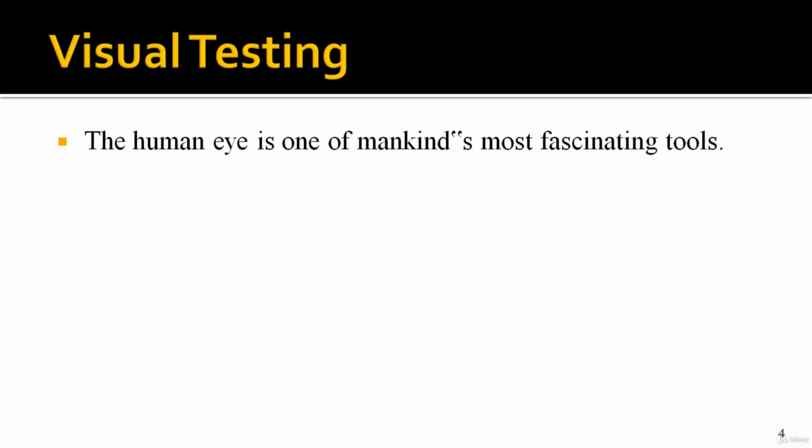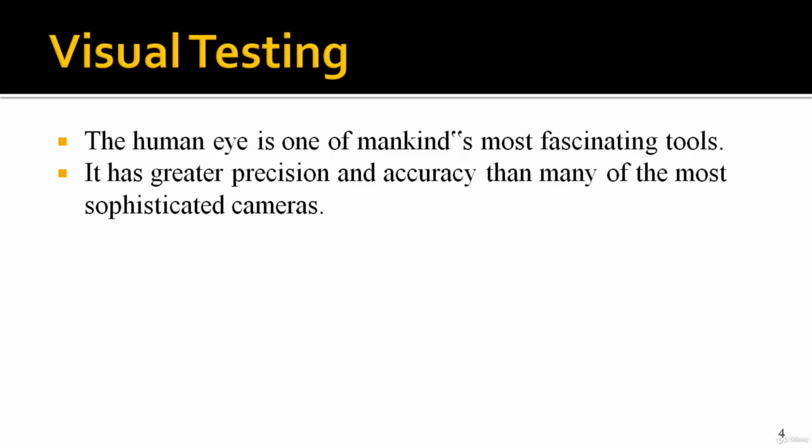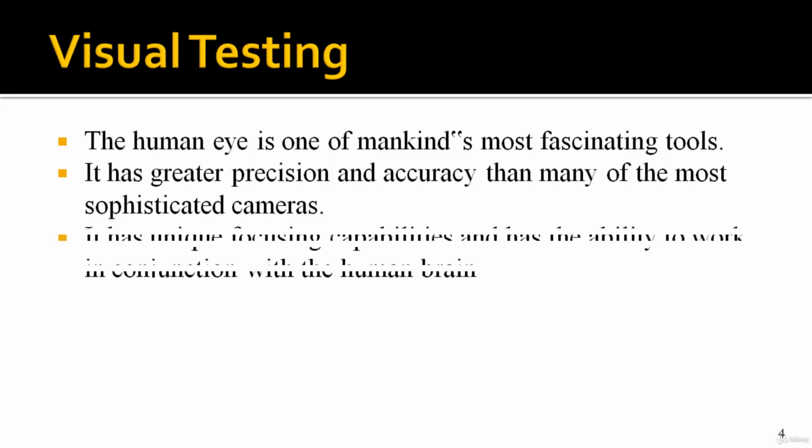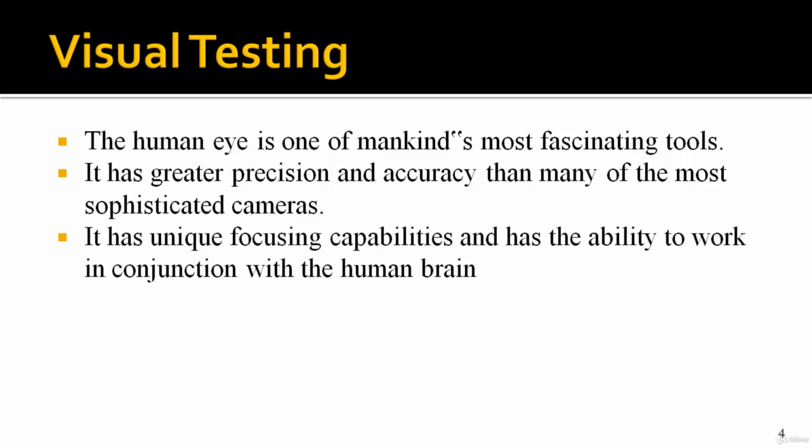The human eye is one of mankind's most fascinating tools. It has greater precision and accuracy than many of the most sophisticated cameras. There are lots of sophisticated cameras, but our human eye has great precision and accuracy compared to some of them. It has unique focusing capabilities and the ability to work in conjunction with the human brain.